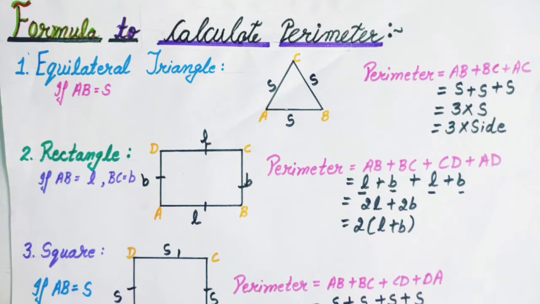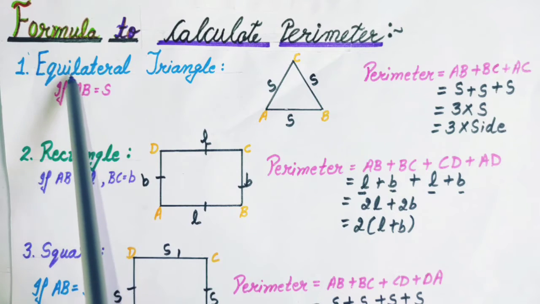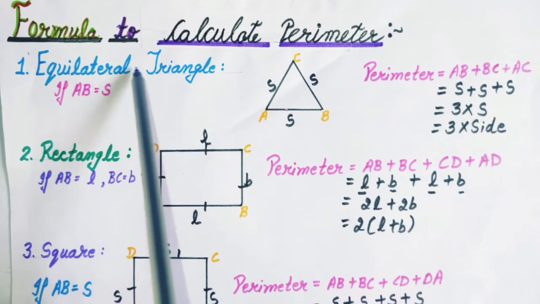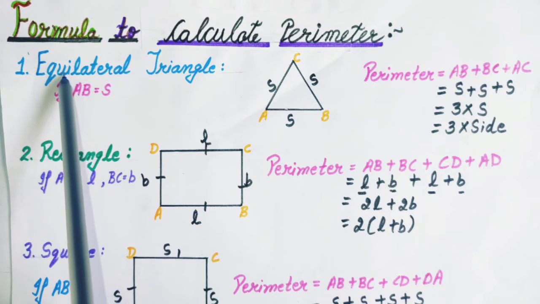Now we will find the perimeter of different shapes with the help of formulas, right? So the first shape is the equilateral triangle. Students, an equilateral triangle is that triangle in which all sides are equal, as the name of the triangle is equilateral. Equi means equal.